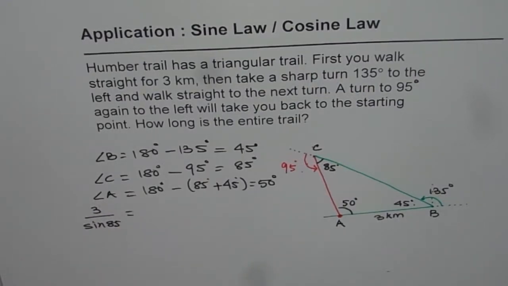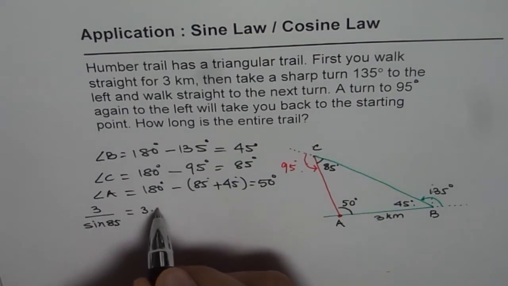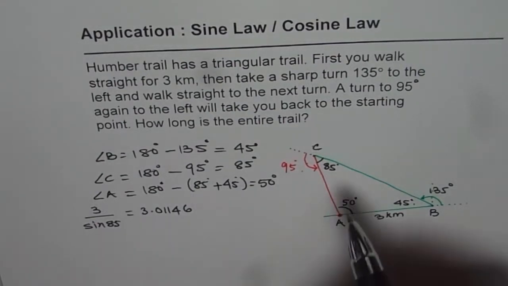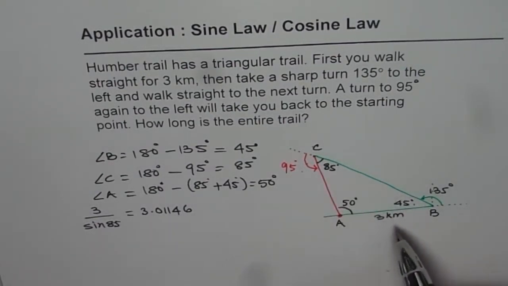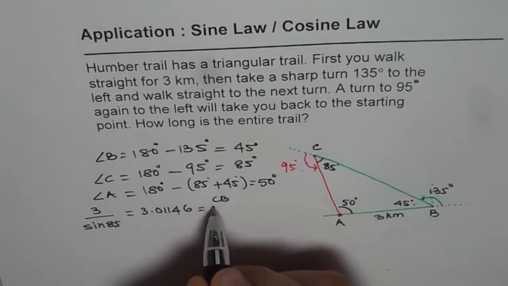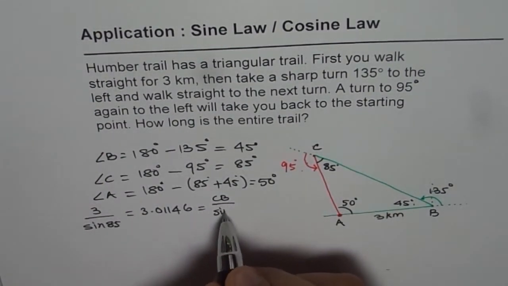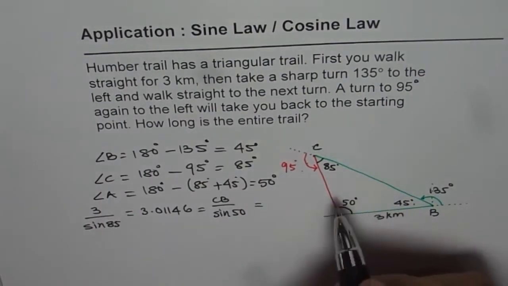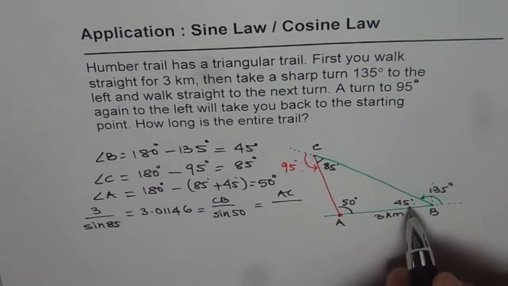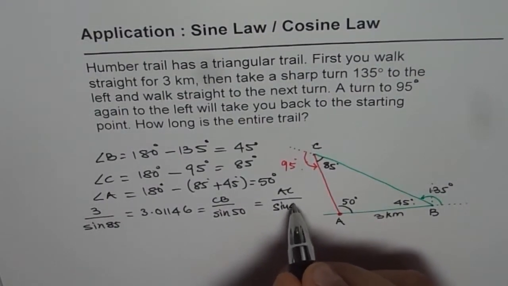Let's calculate this. 3 divided by sine of 85 equals 3.01146, so I'll write 3.01146. Now, by the ratios of sine, 3 over sine of 85 should be equal to BC over sine of 50, which should be equal to AC over sine of 45 degrees, correct?